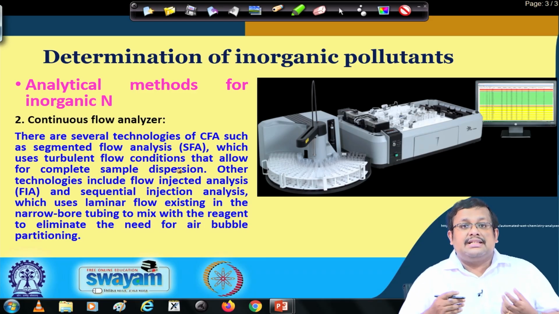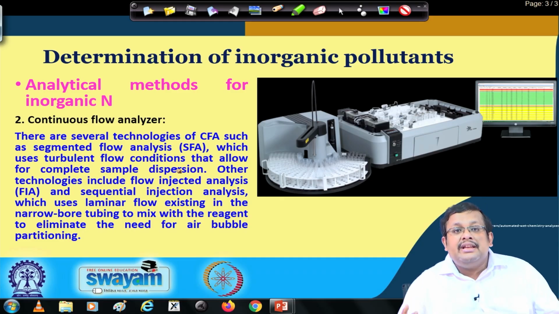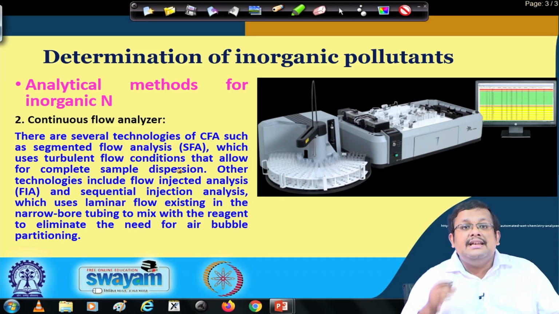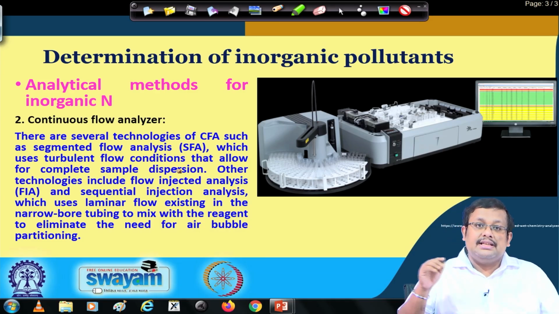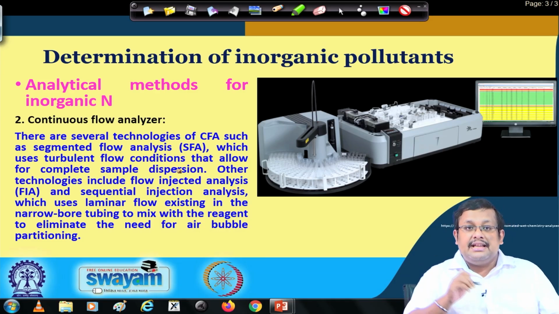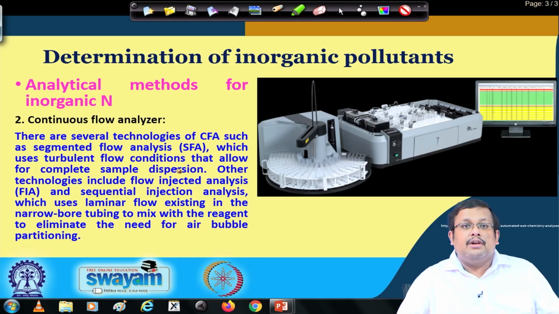Now, this flow injection analysis and sequential injection analysis use laminar flow existing in the narrow bore tube to mix the reagent, to eliminate the need of air bubble partitioning. So, there is a laminar flow existing in the narrow bore tubing, basically to mix the reagent, and there is no need for air bubble partitioning.